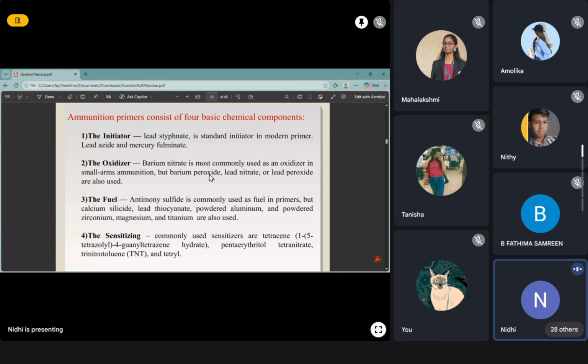Barium nitrate is most commonly used as an oxidizer in small arms ammunition, but barium peroxide, lead nitrate, and lead peroxide are also used. Now, why do we need oxygen when we are talking about fire? Does anyone know? Go to that fire triangle which you studied in forensic chemistry.